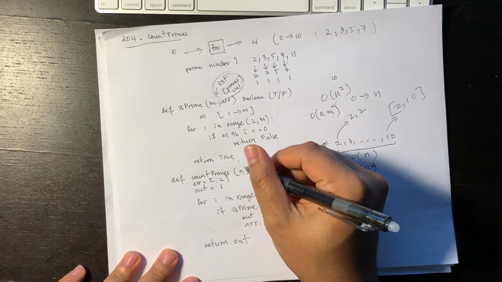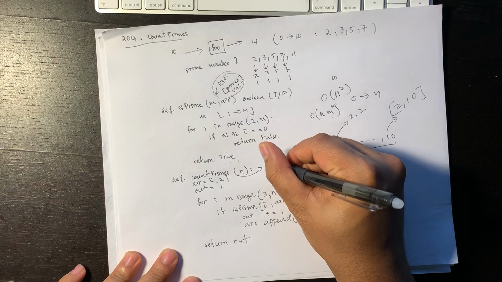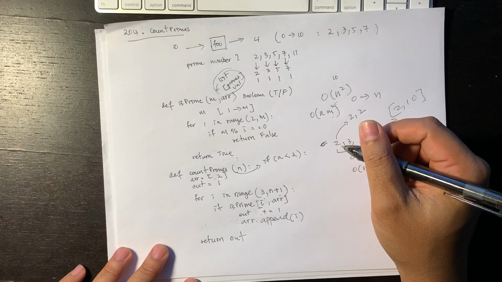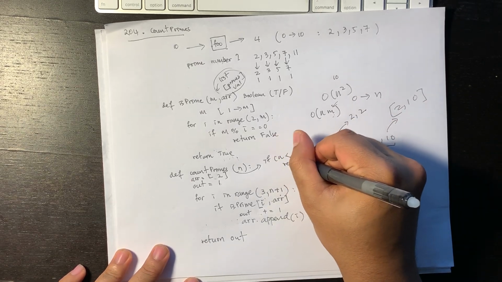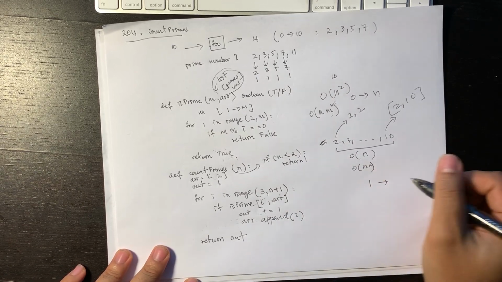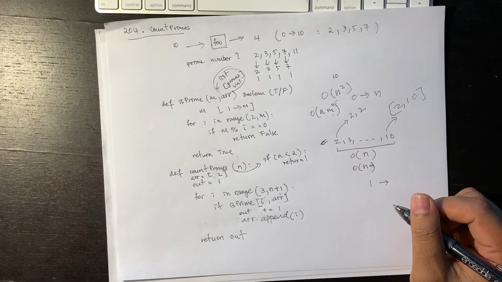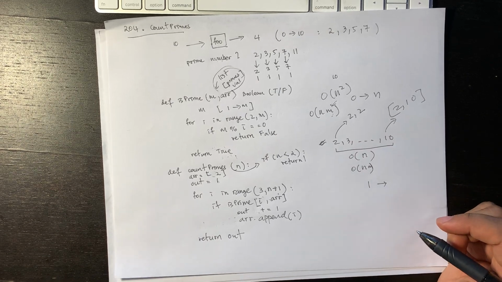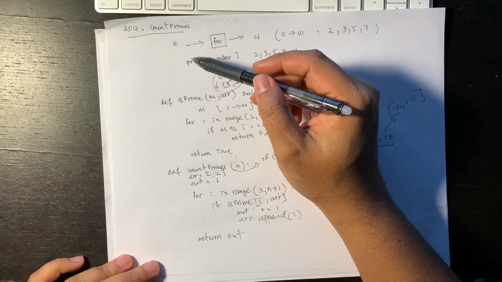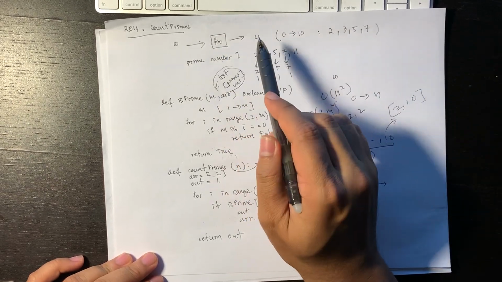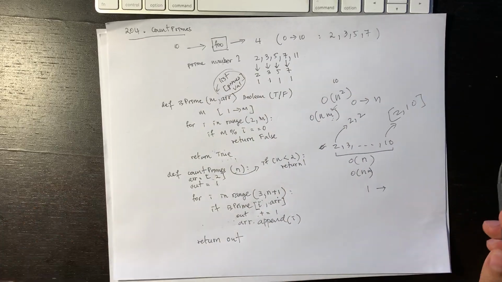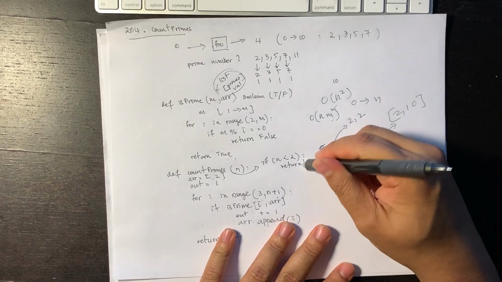On top, if n is less than 2, we want to return 0, because 1 is not a prime number according to LeetCode: when we put 10 into the function we only got 4, and there wasn't any 1 there.